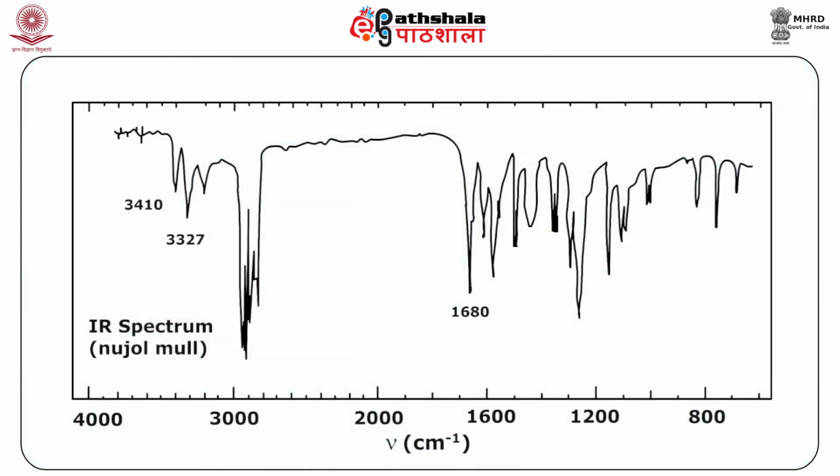The IR spectrum, that is, the infrared spectrum, shows a strong absorption at 1680 cm-1, which is attributed to the carbonyl stretch at an unusually low frequency. That indicates this carbonyl group must be a strongly conjugated ketone or a grouping like an amide.